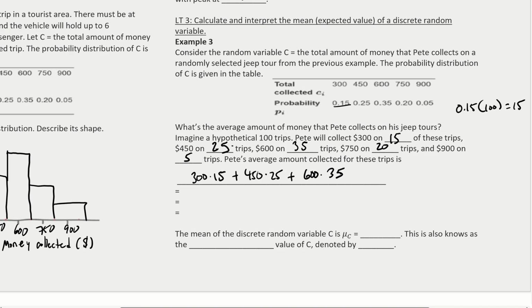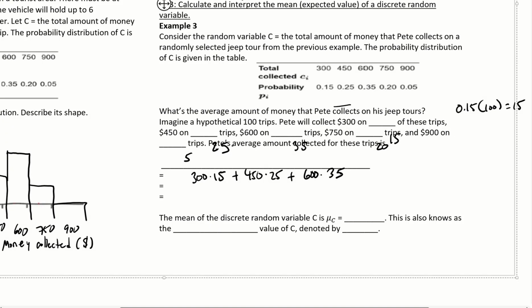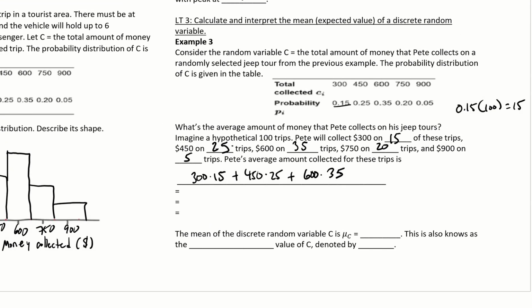And then, all right, we got 750. We have 20 750s, and we got 5 900s. Okay, and we got to divide that by 100 because there's 100 trips, right?